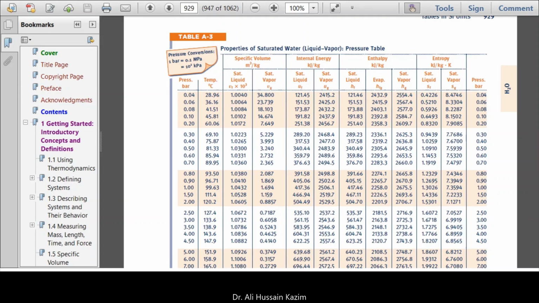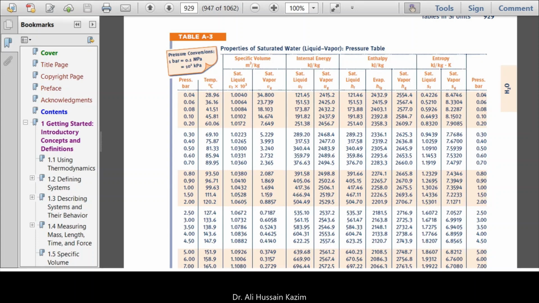If we go to the pressure of 3 bar, we find that the VF value at 3 bar is 1.07 into 10 raised to power minus 3, and the VG value is 0.6.